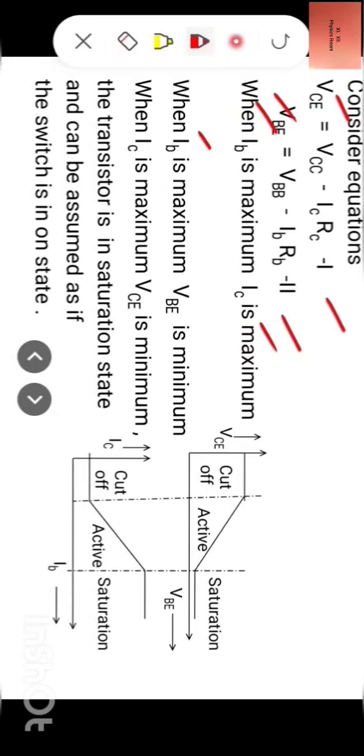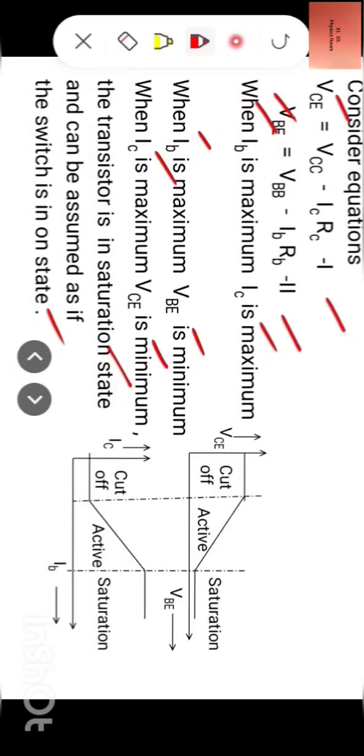When IB is maximum, VBE is minimum. When IC is maximum, VCE is minimum. The transistor is in saturation state and can be assumed as if the switch is in on state.